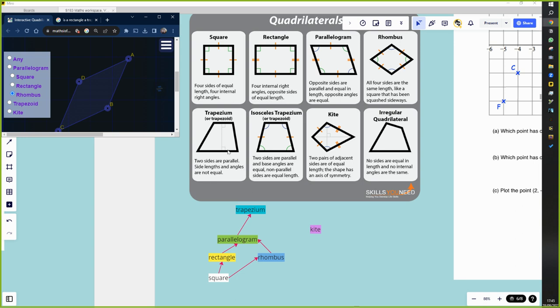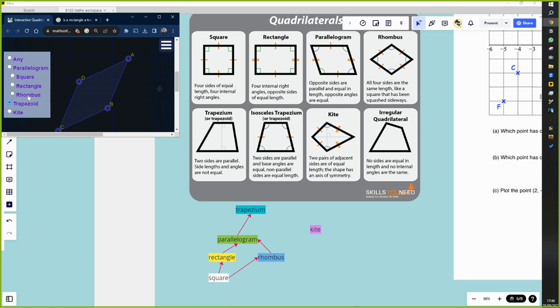What about a trapezium? A trapezium just needs to have one pair of opposite sides that are parallel. In this case, the top and the bottom are parallel. Of course, it could be the left and the right that are parallel, but in this example, the top and the bottom are parallel. So if I choose trapezoid, it didn't change anything.